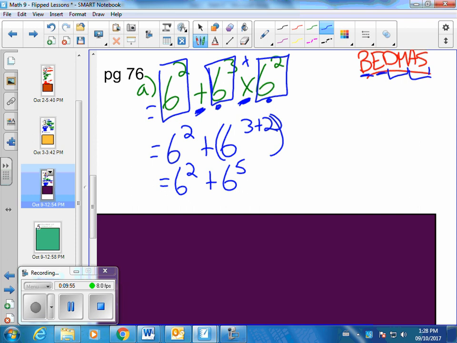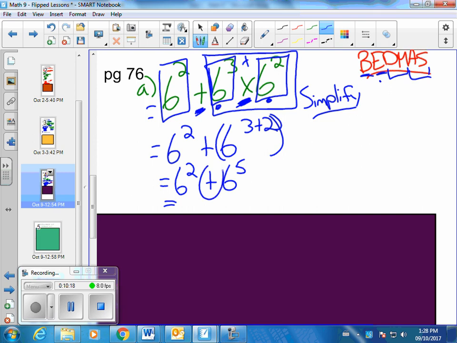I have not actually solved my exponent. What I've done is simplify. It's an important distinction. I still haven't solved my exponents. I just know with a couple of the shortcuts I've learned that the multiplication sign gives me, I can make this easier on myself.